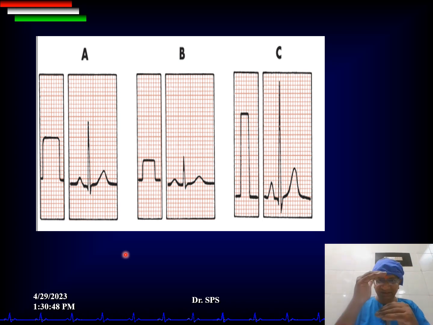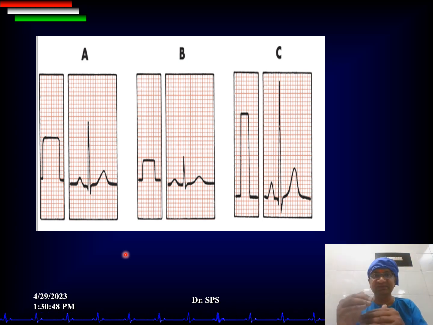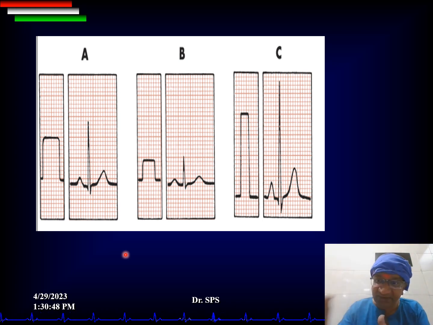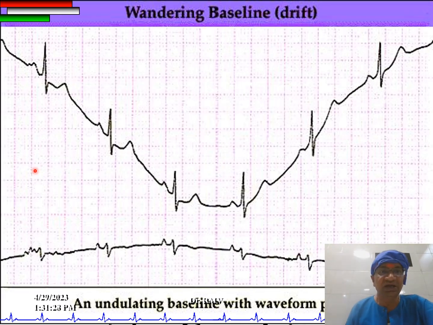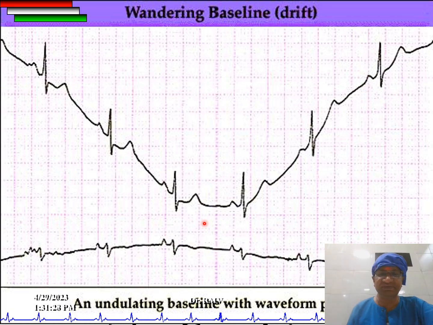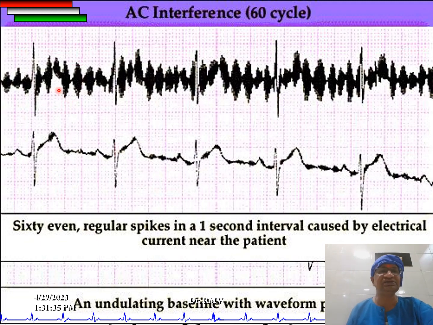Understood? 10 millimeters is the normal standard. 5 millimeters, when the wave is very high, automatically it will go. But here, the standard is high. So the standard, we should see as normal. This is wandering baseline. See, the baseline itself is wandering like this, up and concave and convex. This is normal. Now, this is AC interference.